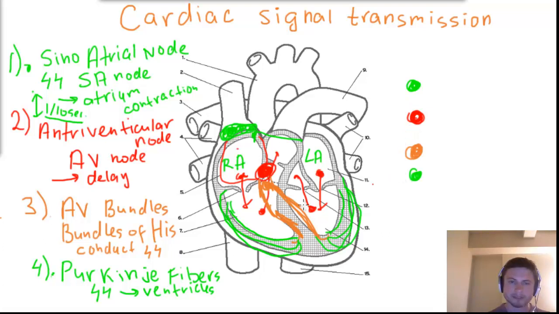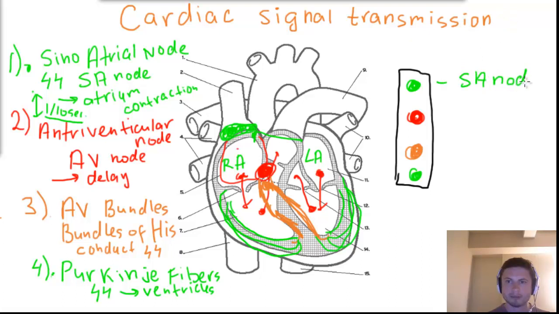It's a funny traffic light, but it's easier to remember this way. First we start with green. This is your SA node, the pacemaker. Then you have your red. This is the AV node. Red means stop. It's a delay, a 1/10 of a second delay.